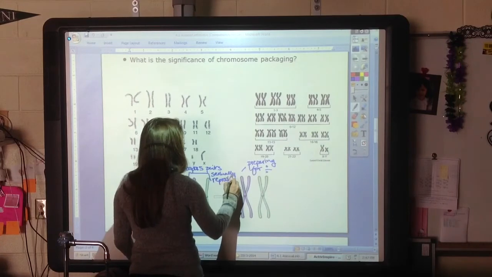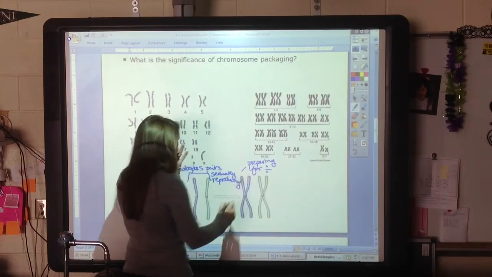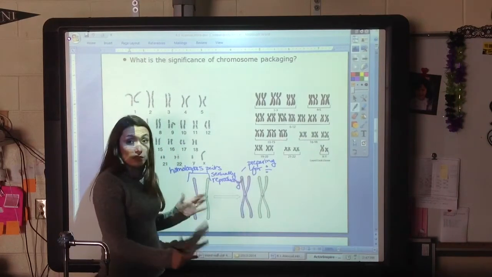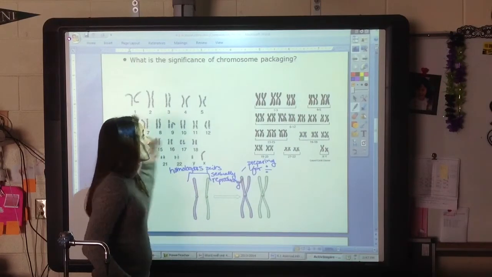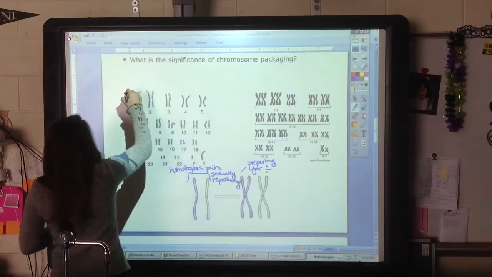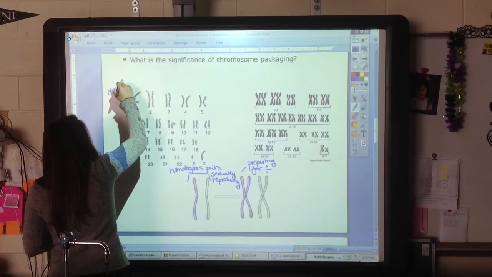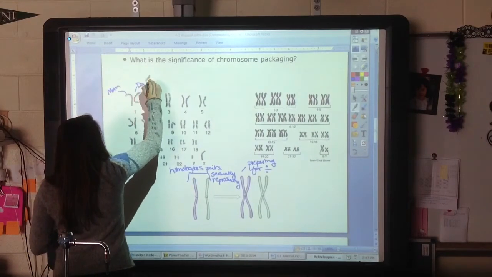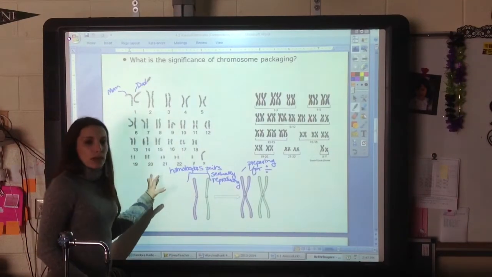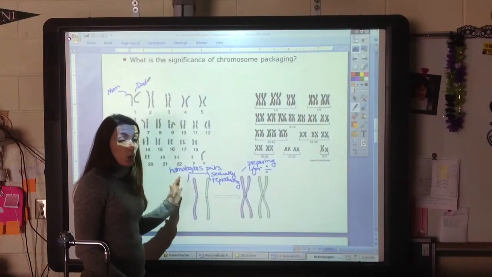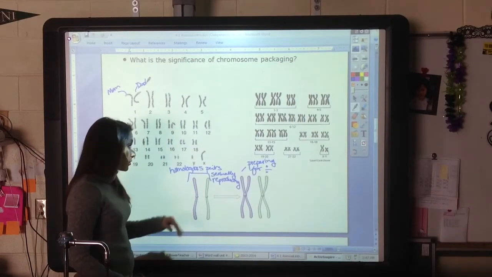If you remember from meiosis, we're actually going to separate these when we make our sex cells. Homologous pairs, one of each. One came from mom and one came from dad. So we'll talk a little bit more later about these homologous pairs when we talk about sexual reproduction.